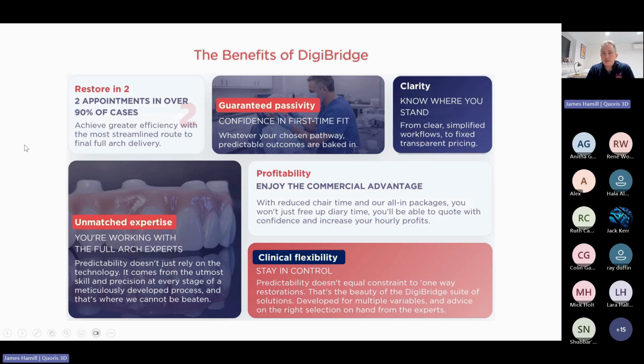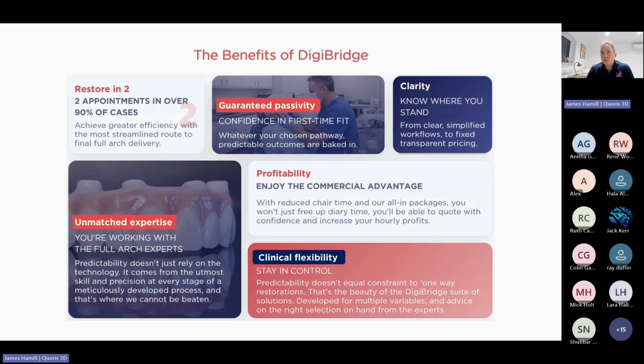So just to summarize some of the benefits of DigiBridge, as I demonstrated to you, it is really possible to do this in 2 appointments. But all of these factors have to come together if you really want to create that efficiency and to streamline the route to be able to give you full arch delivery very predictably. So it's really, really possible.